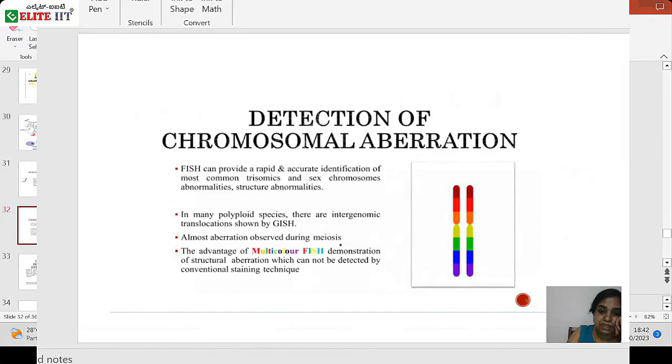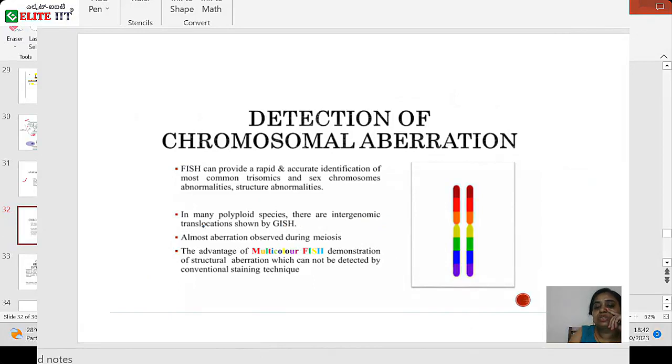Now, consider the detection of chromosomal aberrations. If you add a multicolor probe, you can visualize a lot of segments in the chromosome. FISH can provide a rapid and accurate identification of the most common trisomics, sex chromosome abnormalities and structural abnormalities. I told you already about aneuploidy, so you can identify that. In many polyploid species, there are intergenomic translocations shown by FISH.